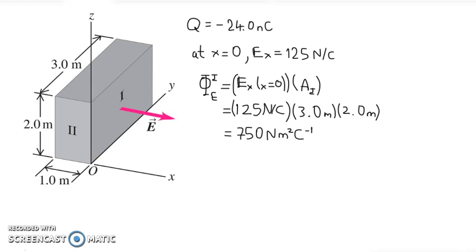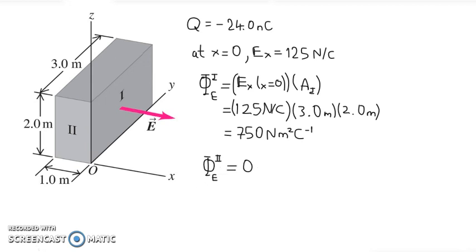So because the electric field itself is parallel to surface number 2, there is no flux going through this surface. So the flux through surface 2 is equal to 0. Let me actually write that down. Electric flux through surface 2 is equal to 0, like so.